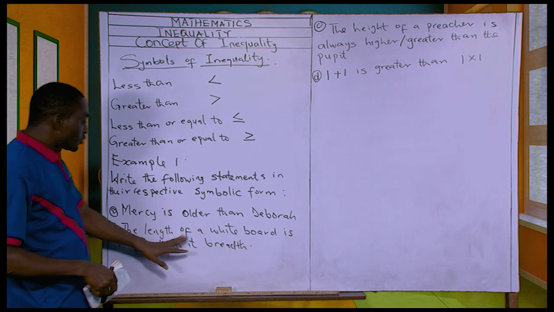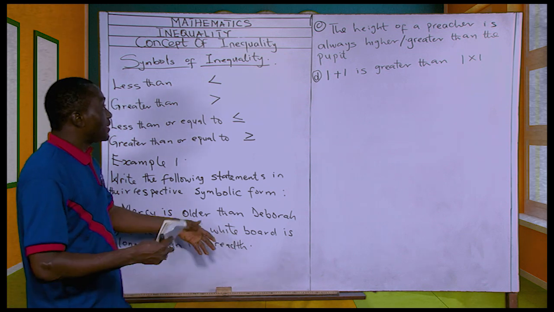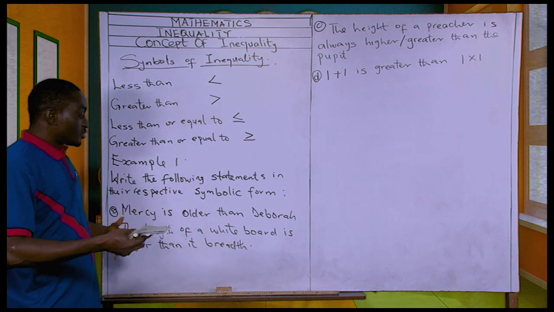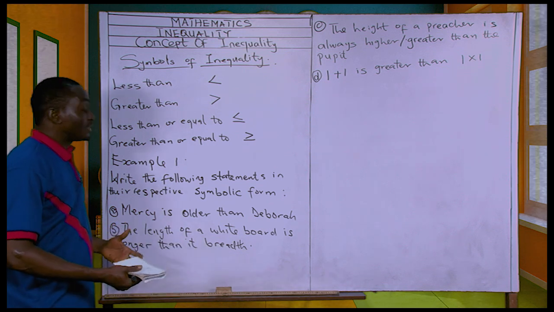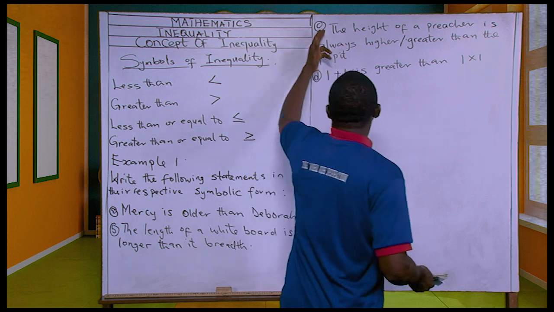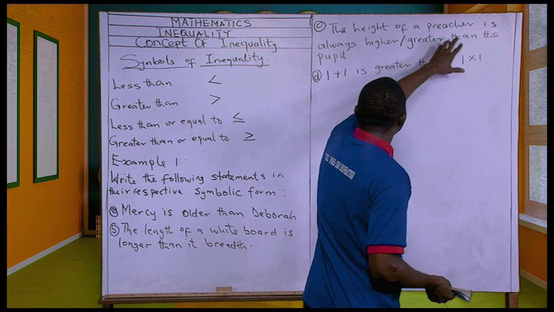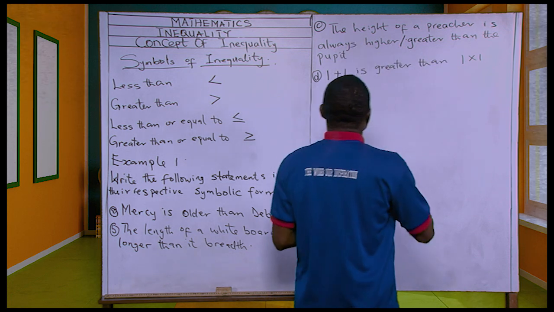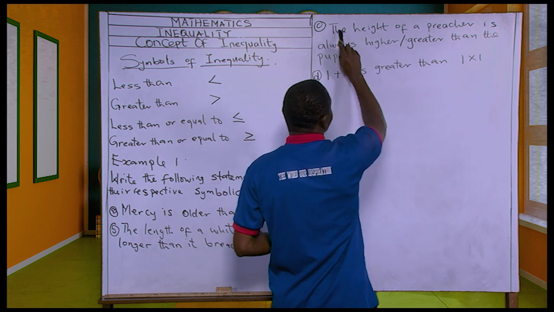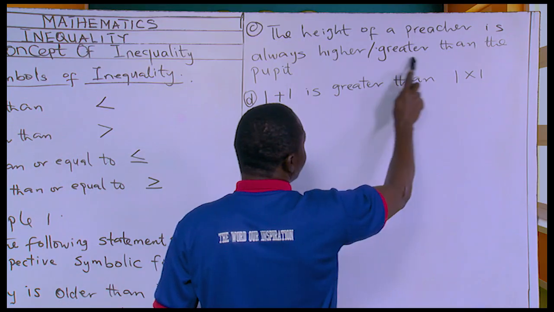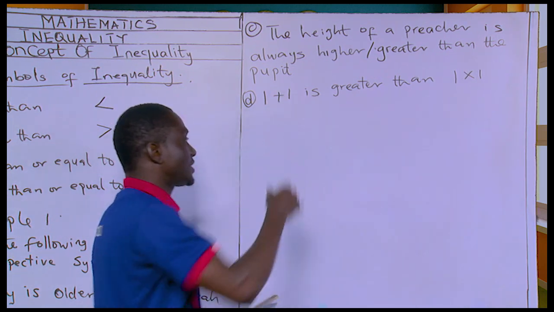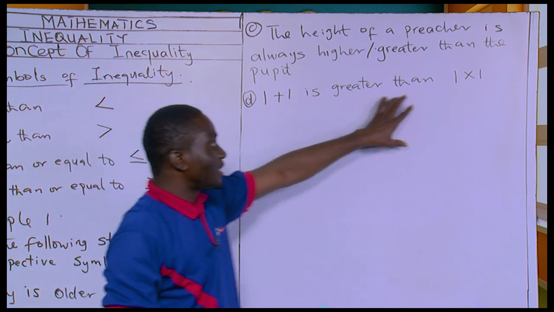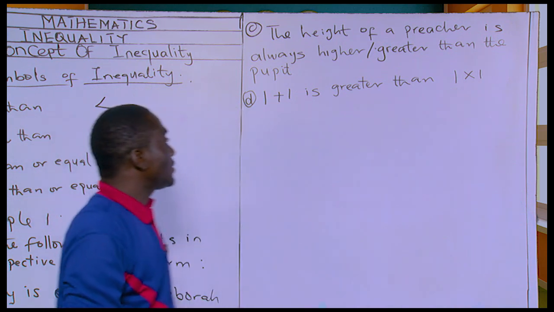You know, there are some whiteboards whose length is always longer than their breadth. C. The height of a preacher is always higher or greater than the pulpit. We can just cancel out this higher and say the height of a preacher is always greater than the pulpit. D. The sum of 1 and 1 is greater than the product of 1 and 1.